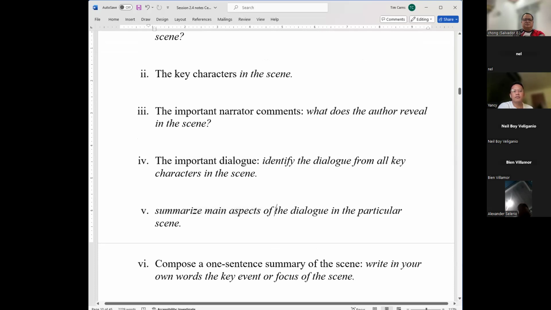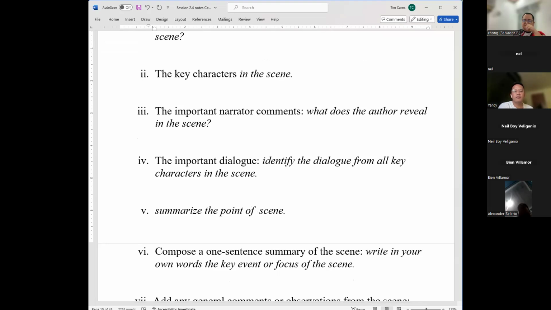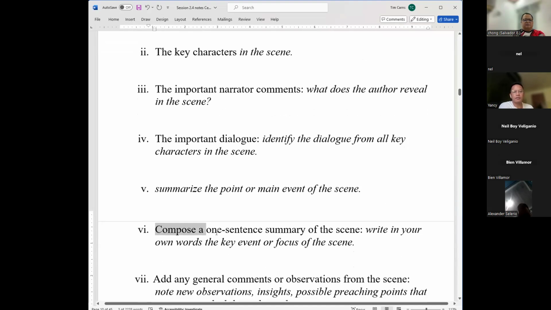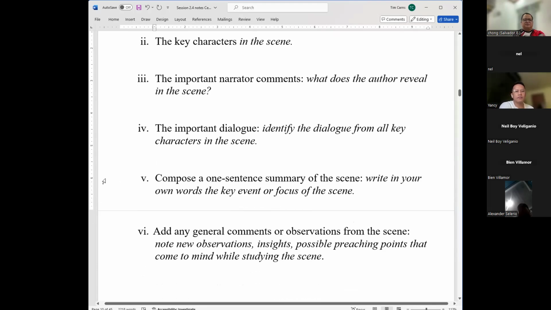I would say this should probably summarize the main point or main event of the scene. All right, so that's a summary. And then lastly, oh, sorry, 6 is that. I don't know why that's there. It's a mistake.